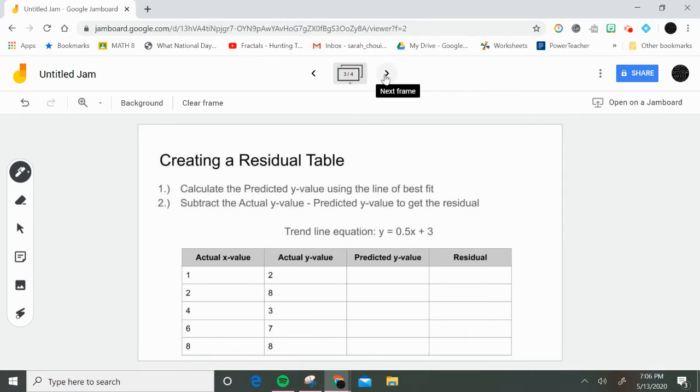So we can create a residual table for our data, which will then help us make a residual plot. To create a residual table, we're first going to calculate the predicted value of y using our trend line. This is the equation of the trend line we saw in blue on the last screen, and these are the actual data points used in that scatter plot.